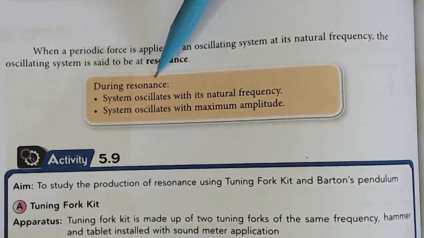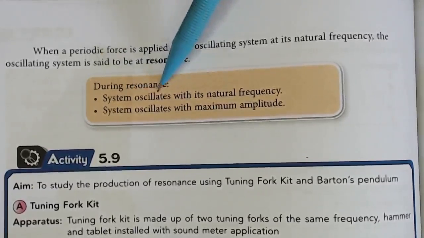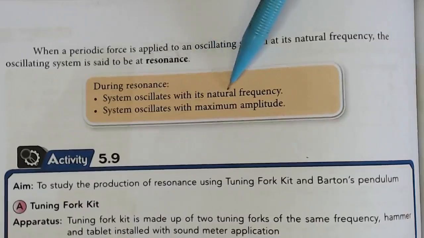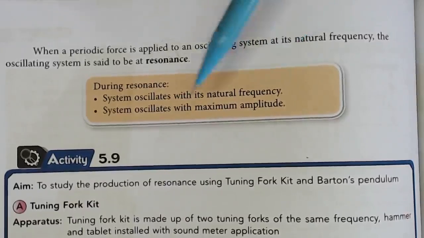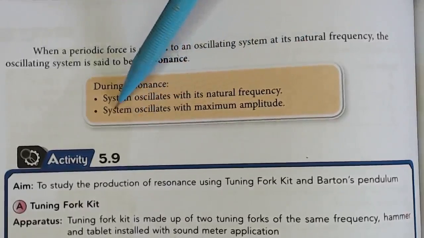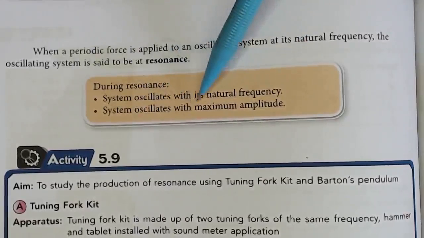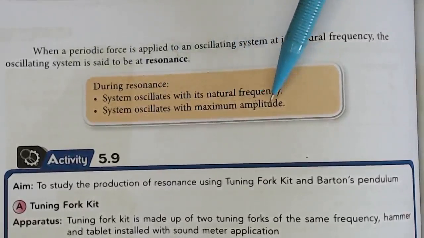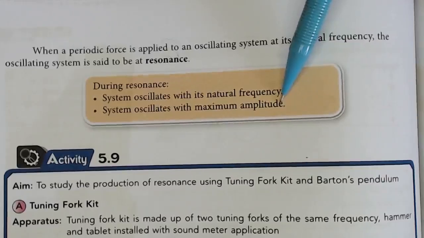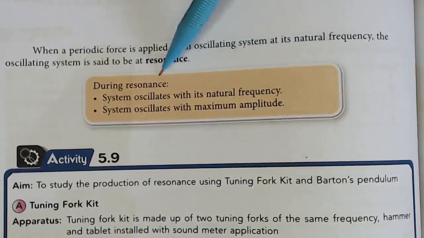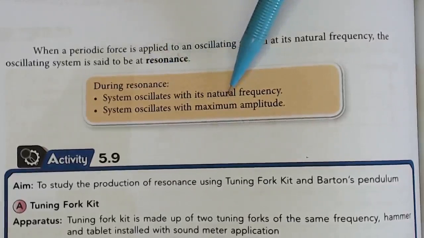So during resonance, point number 1, the system oscillates with its natural frequency. Point number 2, the system oscillates with maximum amplitude. This is what happens when the oscillation is in resonance.